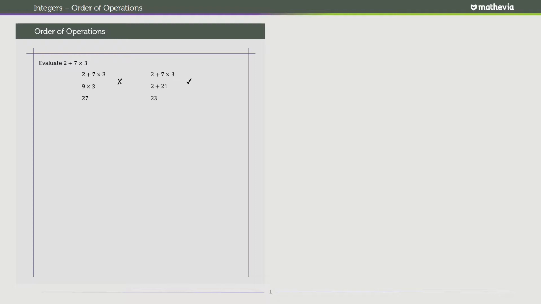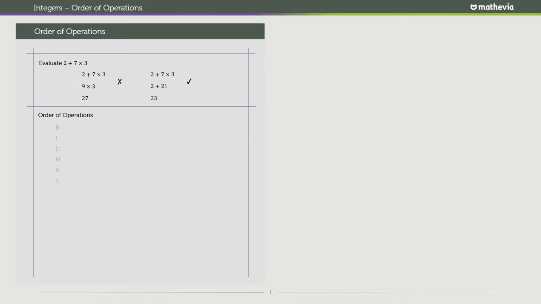You're not supposed to go left to right. That law is the order of operations.